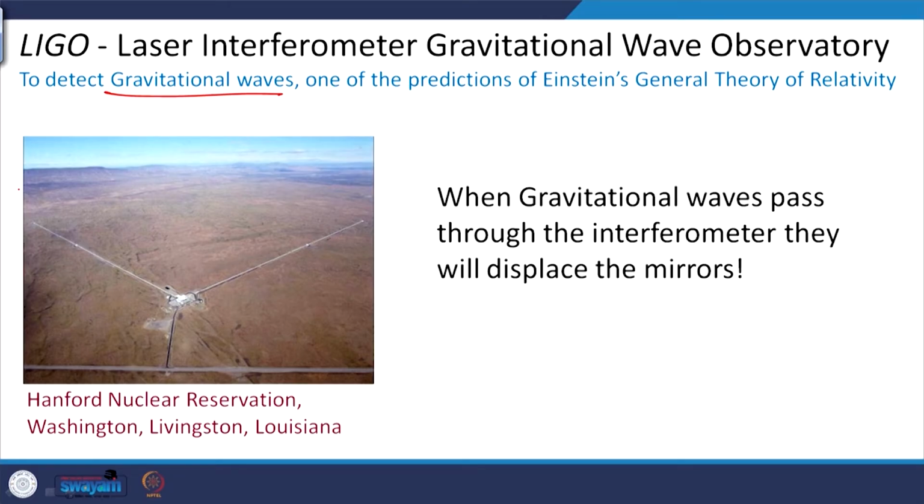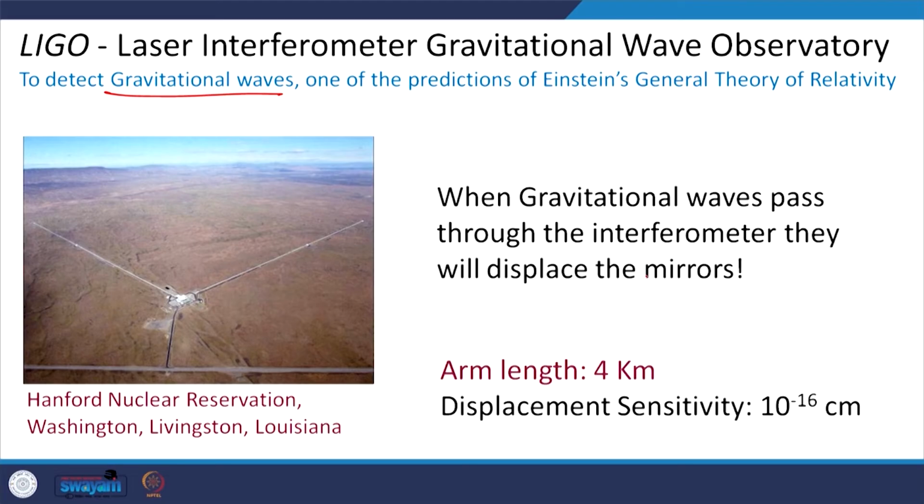It is again these two arms, one mirror here, one mirror there. When a gravitational wave passes through that interferometer, it displaces the mirror, they are so sensitive. The arm length is 4 kilometers. It has a displacement sensitivity of 10 to the power minus 16. Can you imagine? It is so sensitive. That is how it can detect gravitational waves.